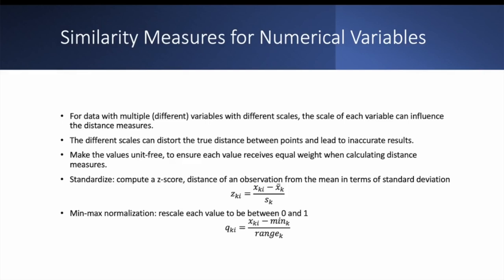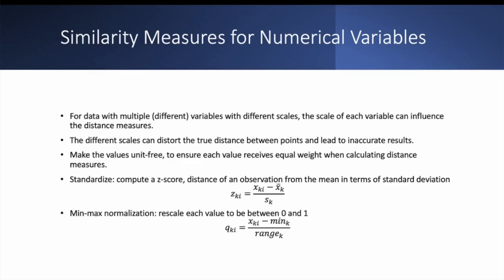As a result, annual income will have a greater influence on the similarity measure than the number of hours spent online per week. So this difference in scale distorts the true distance between observations and can lead to inaccurate results. So what to do?